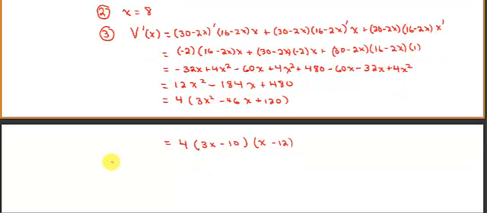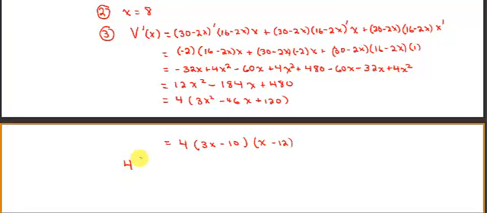So notice then, setting this equal to 0, to get the critical points, remember the critical points are where the first derivative is either 0 or undefined. This one's never undefined, so it's only where it's 0. 4 is never 0. The 3x minus 10 will be 0 at 10/3, and the x minus 12 will be 0 at 12.